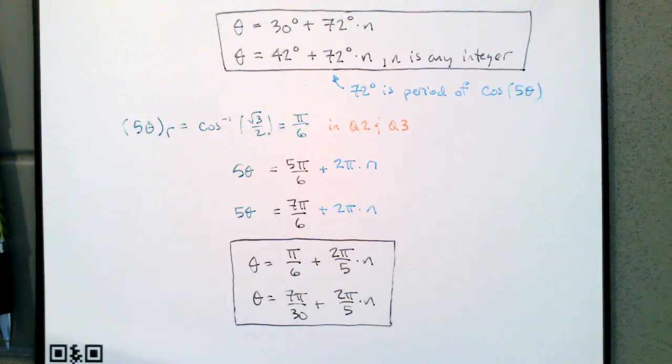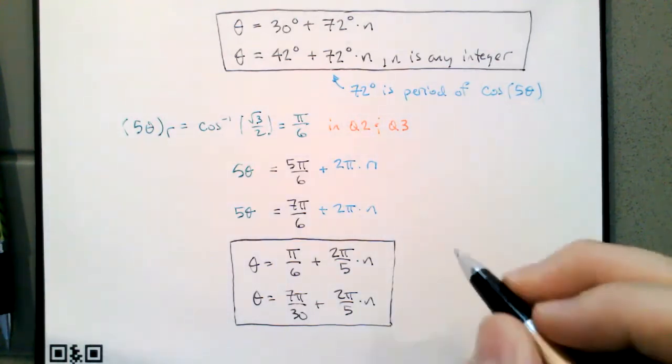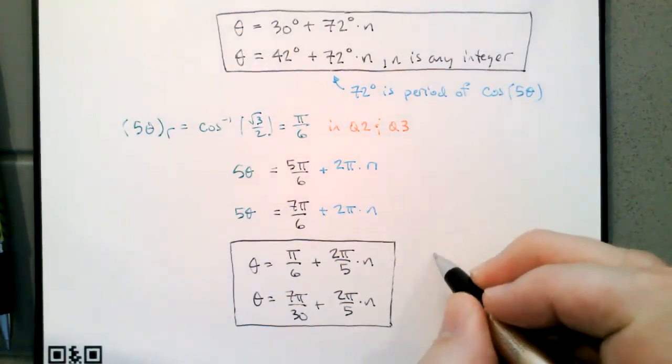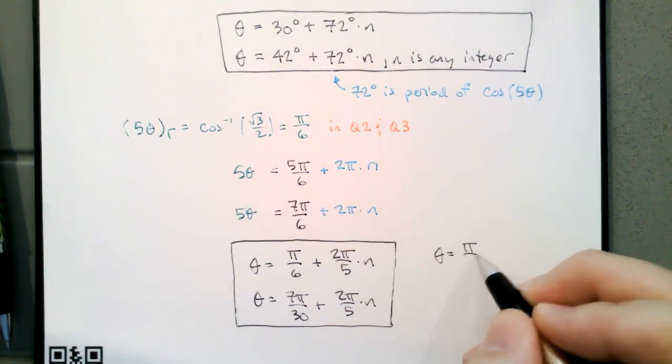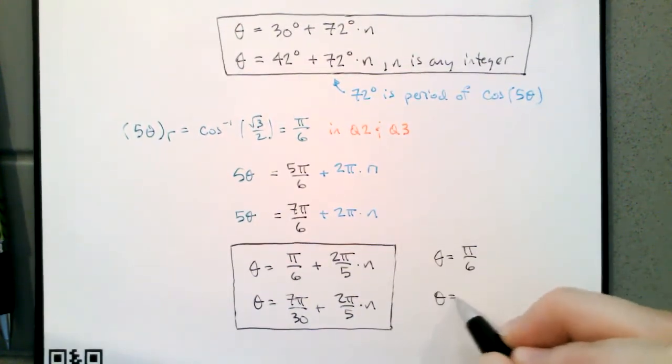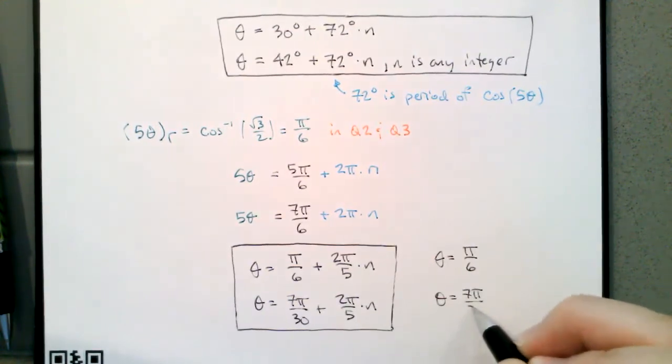All right, so it could be that we wrote down 5 theta is 5 pi over 6, 5 theta is 7 pi over 6, divided by 5, and then just added the period, which is 2 pi over 5. It would look the same. So you might say, no, you've got to divide first, Leach, that's the way. So you'd write pi over 6, and theta is 7 pi over 30.